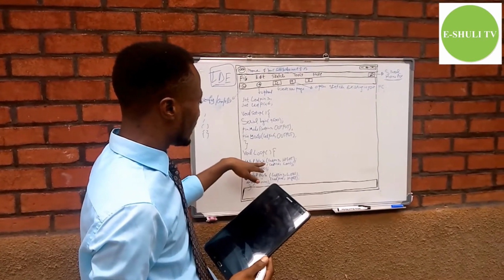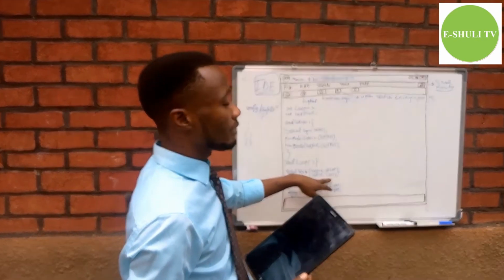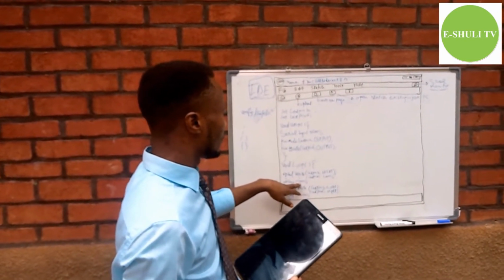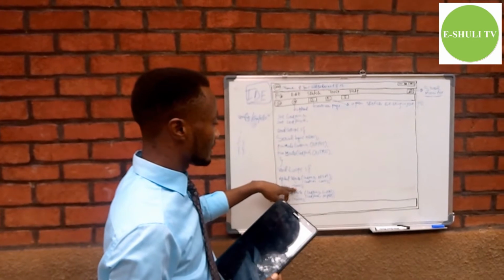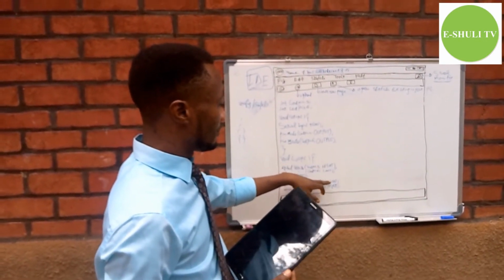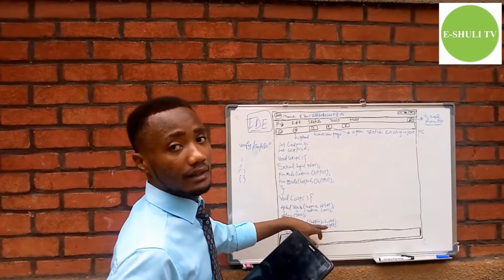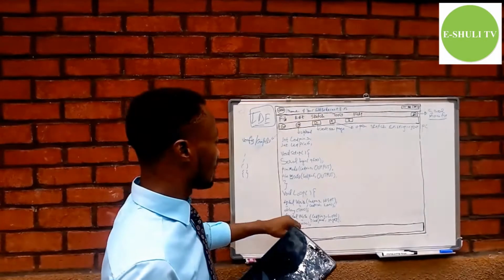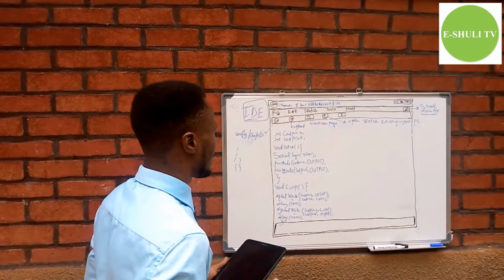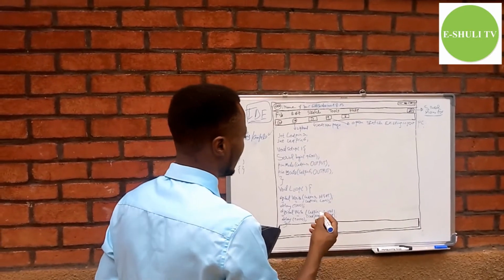When LED pin 3 is HIGH, LED pin 6 will be LOW, and this will take a delay of 1000 milliseconds, and LED pin 3 will be LOW and LED pin 6 will be HIGH, also taking a delay of 1000 milliseconds. Then the sketch is complete.